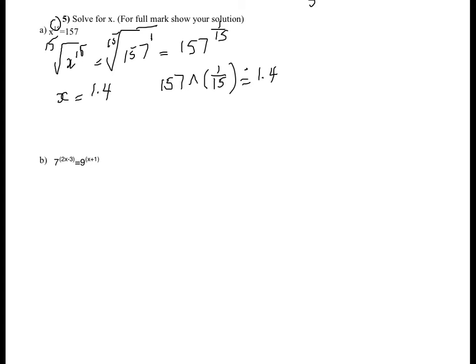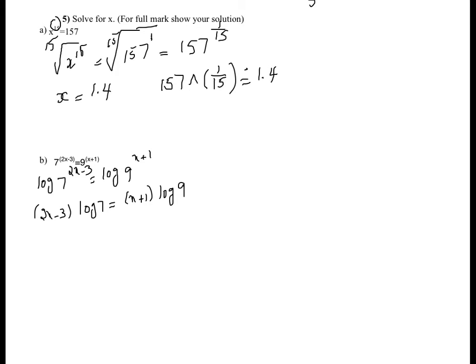The next equation to solve is 7 exponent 2x minus 3 is equal to 9 exponent x plus 1. Here in this case, since the variable is in the exponent, I can use the log function. So if I take the log of both sides, I'm going to get (2x minus 3) log 7 is equal to (x plus 1) log 9.